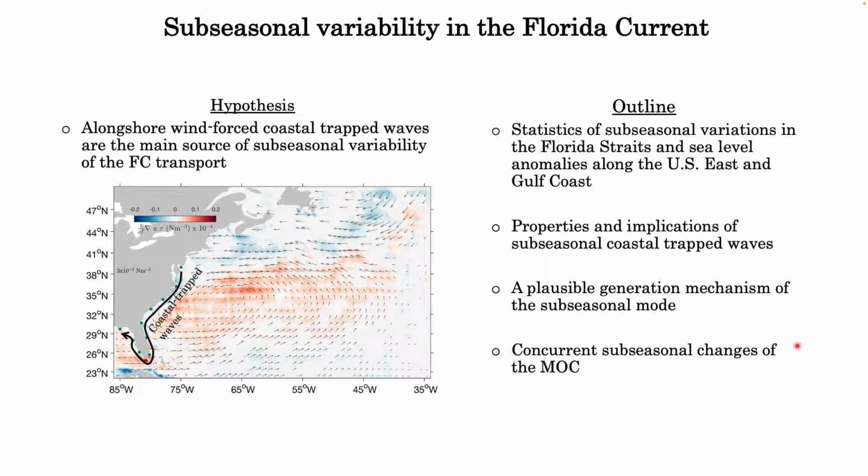So we propose that the primary mechanism that controls the subseasonal variation of the FC transport is coastal trapped waves, which are generated in the southern Mid-Atlantic Bight coast.